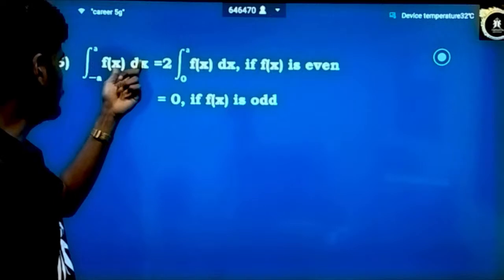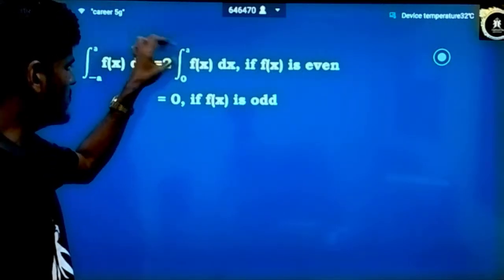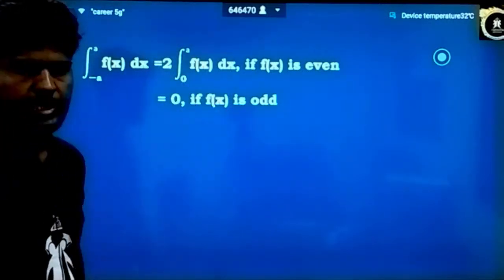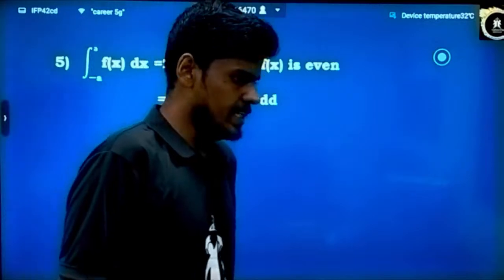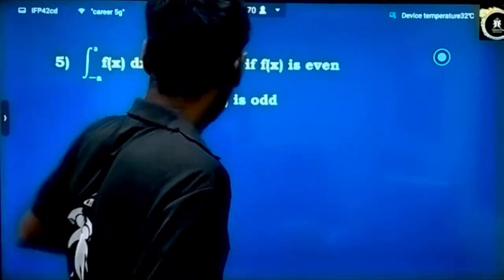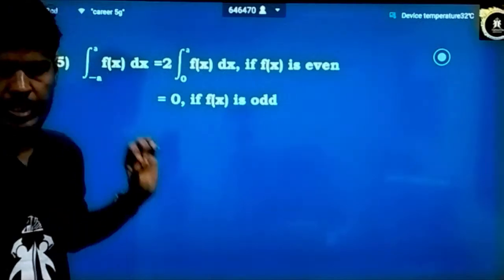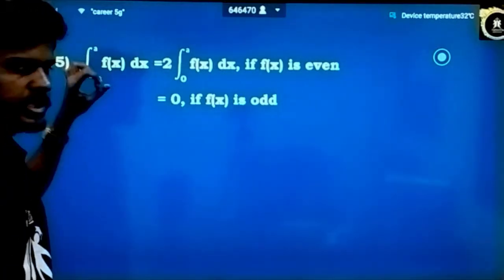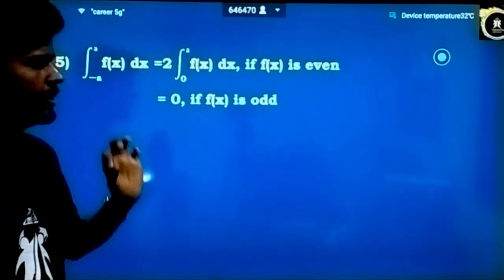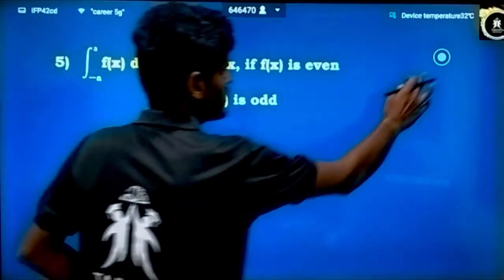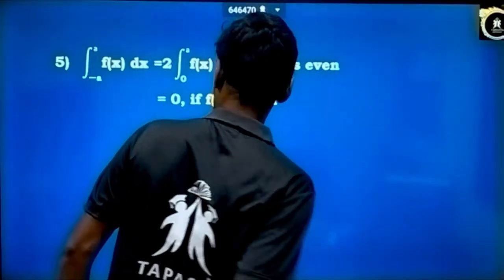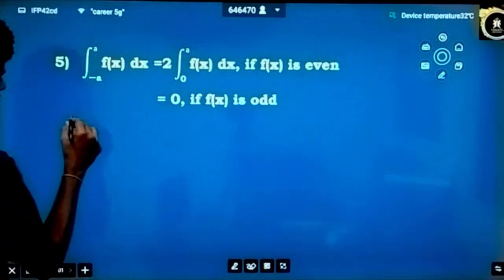Integral minus a to a f of x dx equal to 2 times integral 0 to a f of x dx. Proof is actually very easy. What we are going to do is take this minus a to a f of x dx and split it into two integrals, one from minus a to 0 and one from 0 to a. Let's do the proof for this.